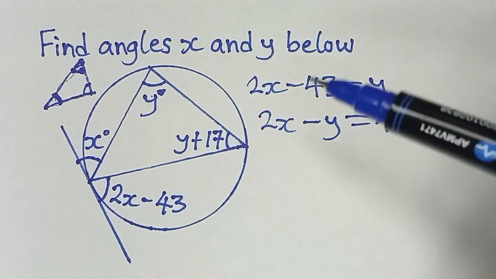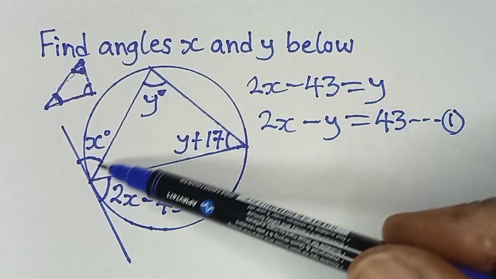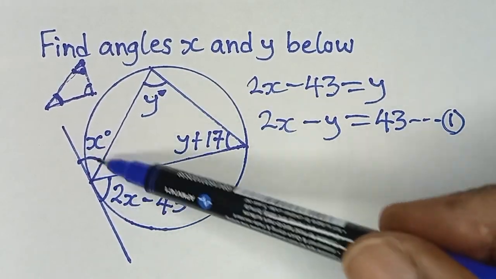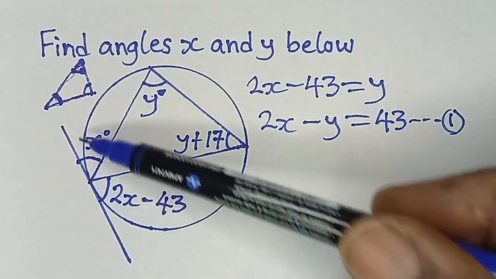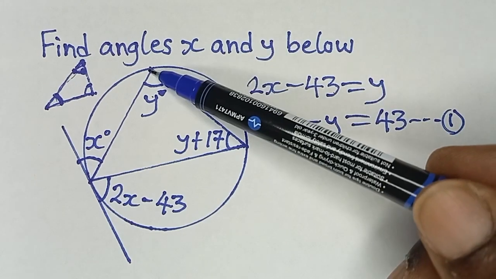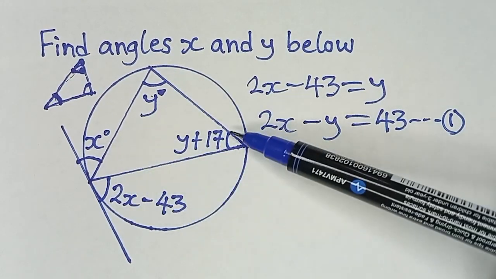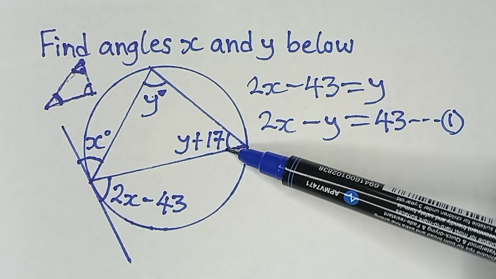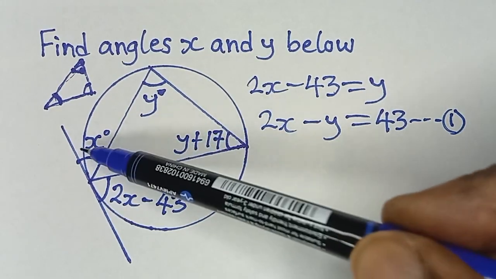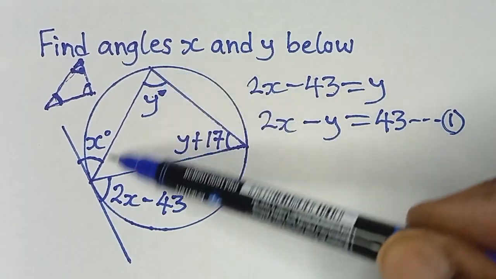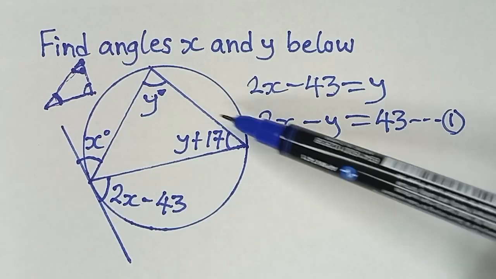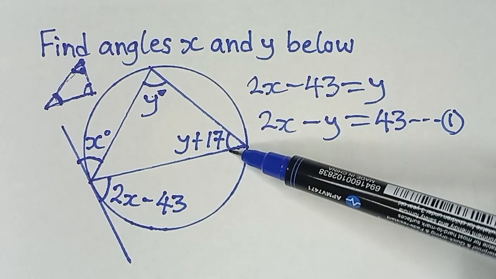Then we can look at this other side. This is still a chord here, right? And it makes angle x with the tangent. In the same way, this chord has this opposite angle in the triangle. So in the same theorem, angles in alternate segments are equal, because the chord makes this angle x with the tangent, and the same chord has this angle y plus 17 inside the triangle.